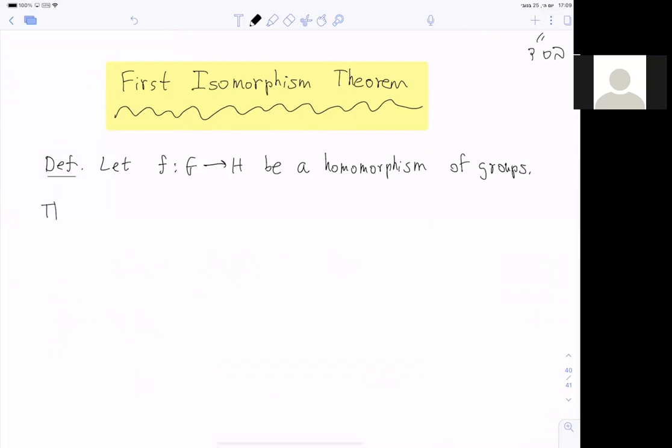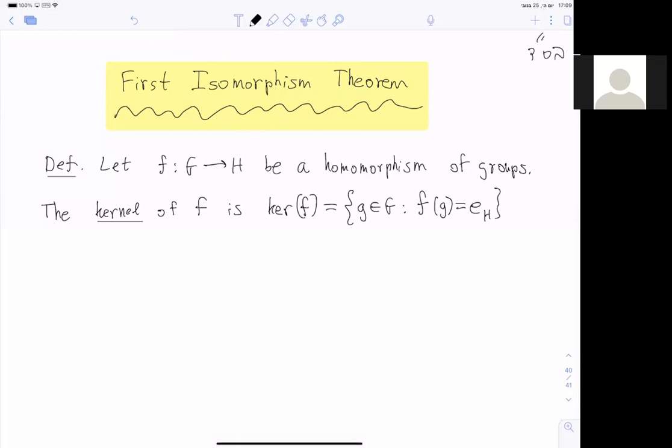The kernel of f, we denote it by this, is all elements in G going by f to the neutral element in H. You have seen this definition in the particular case of vector spaces, if you recall linear algebra.